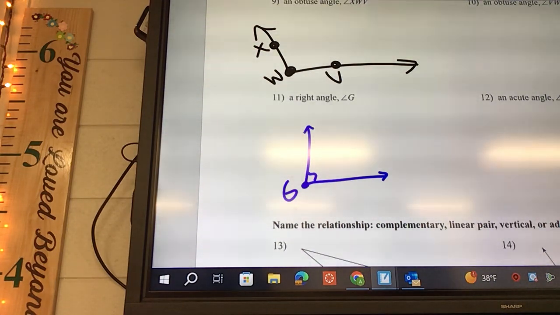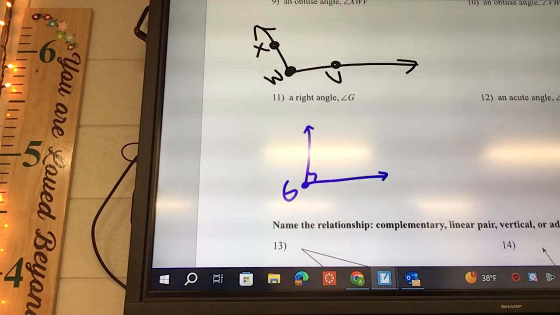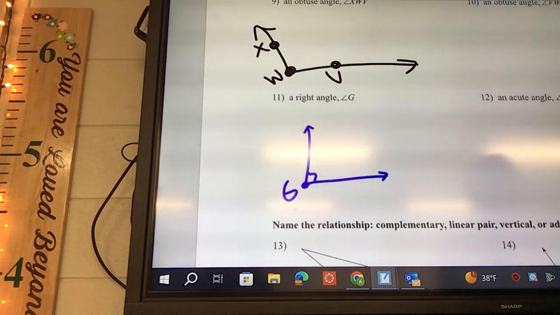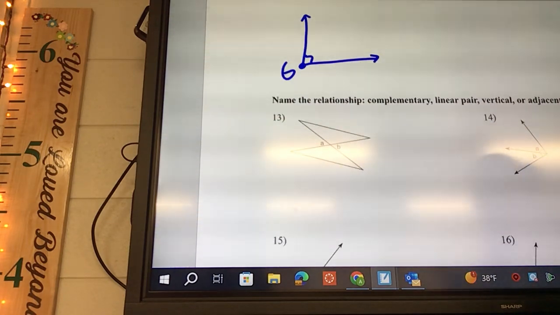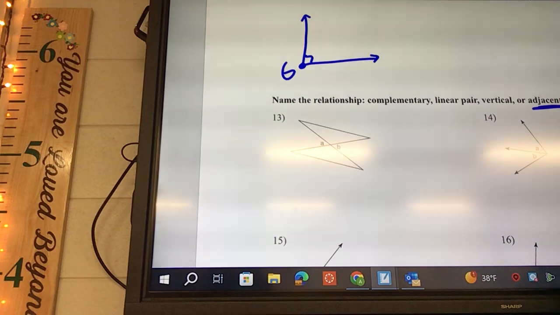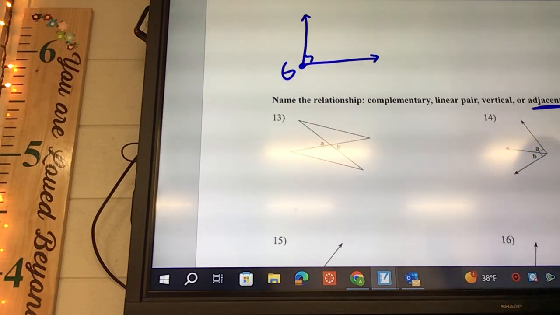Okay, the next section, again, if you don't know, please ask me for help today. There are 2 adults in this room. If you don't know, please ask me for help. The one thing I want to tell you, if you pick adjacent, it probably is one of these 2.